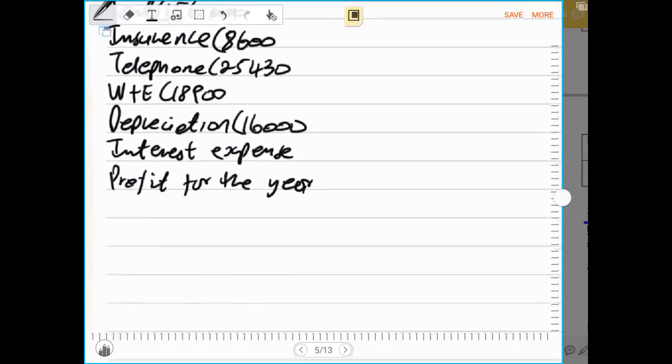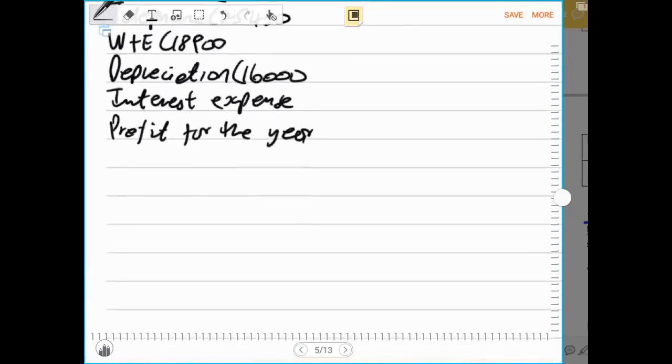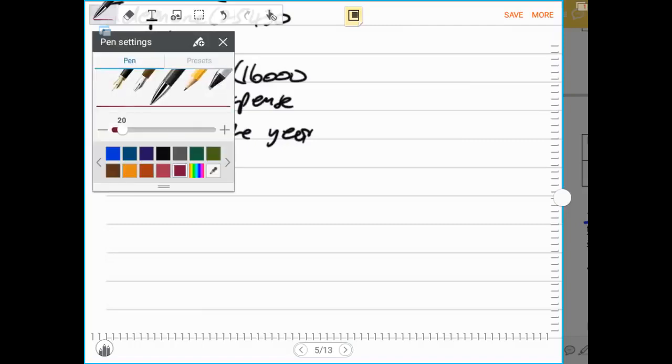Then after, we have to do the statement of changes in equity, with the opening balance, capital, drawings, and profit for the year. So we do the statement of changes in equity.